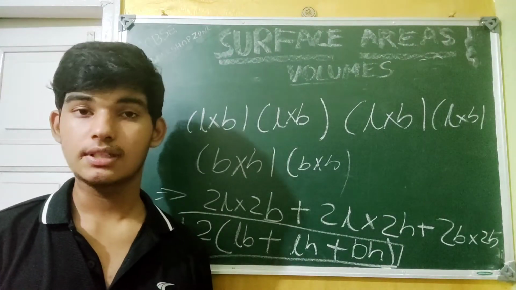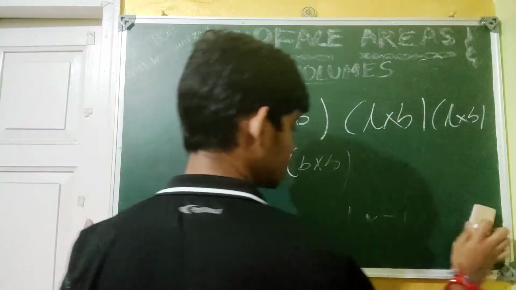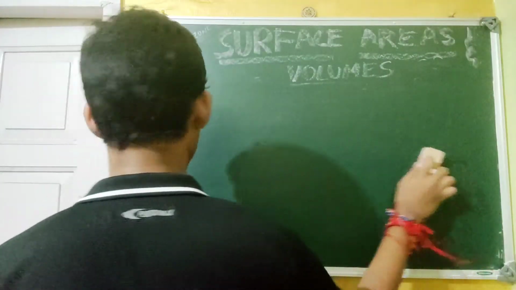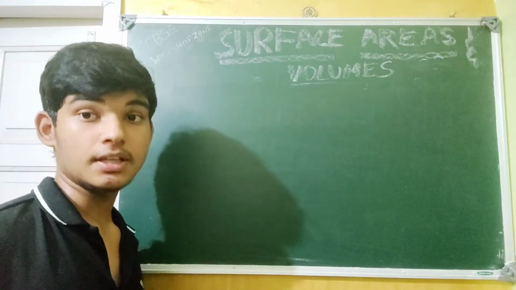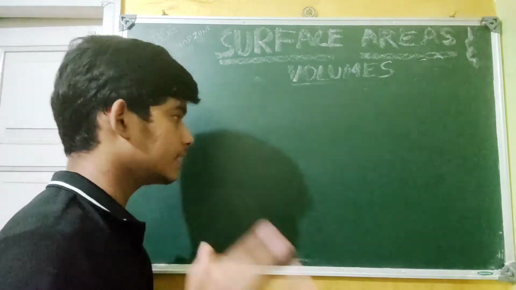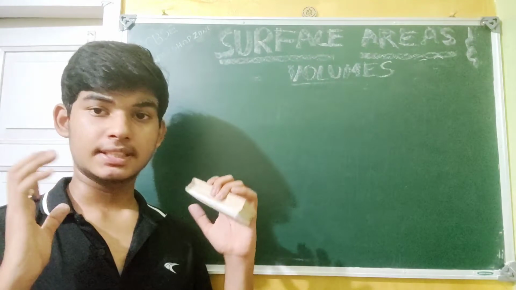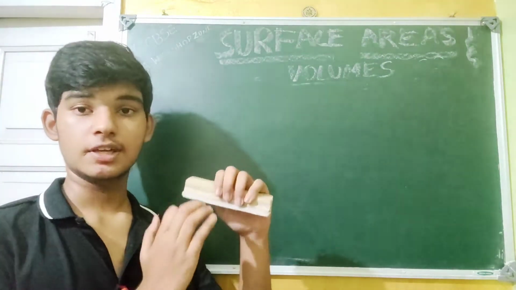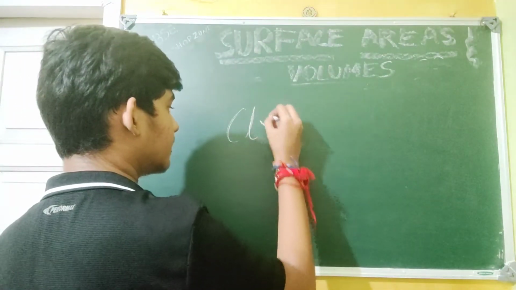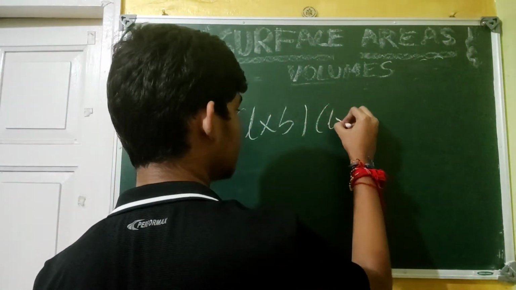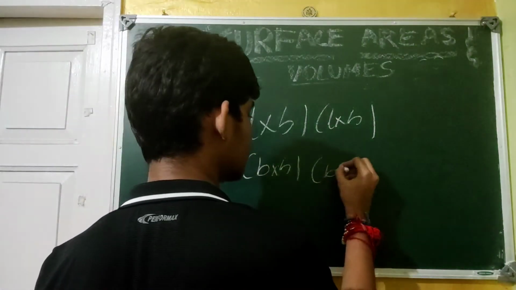Now that we have understood that, let's talk about the curved surface area of a cuboid. Let's take the same example, but since the curved surface does not involve the bases, we do not have the breadth or length bases. So we are left with length into height, length into height, and breadth into height, breadth into height.